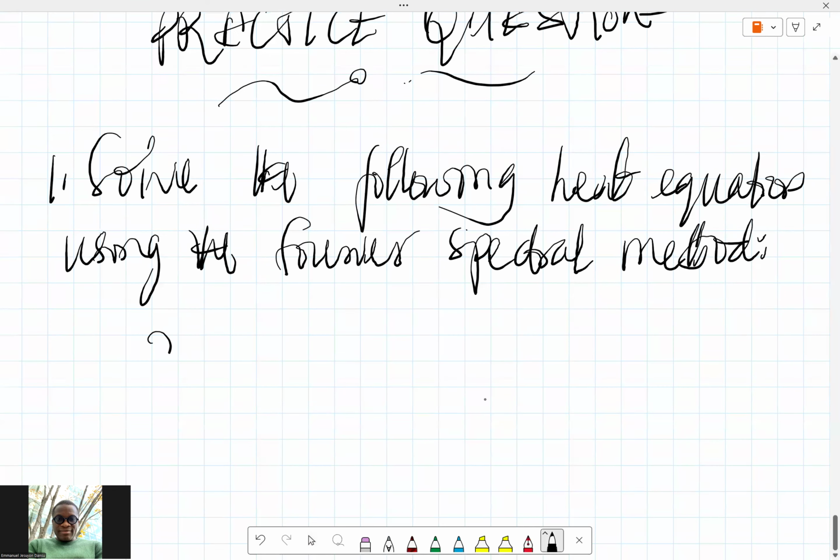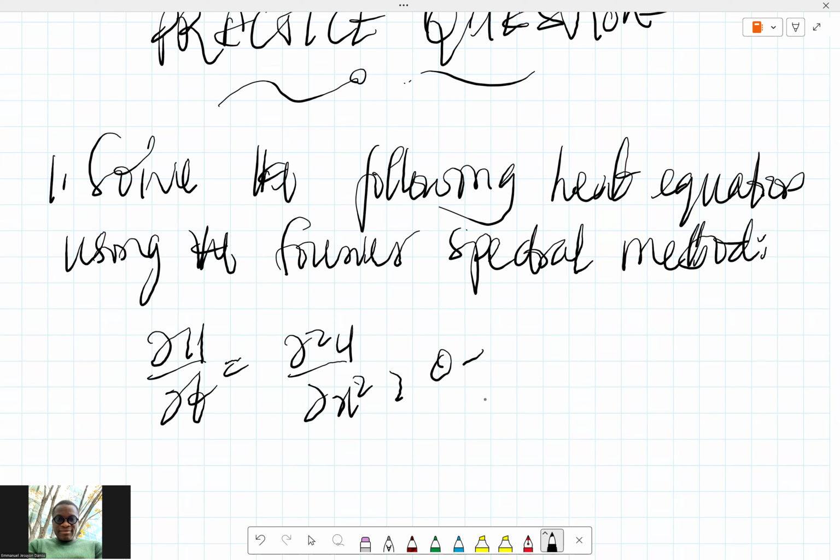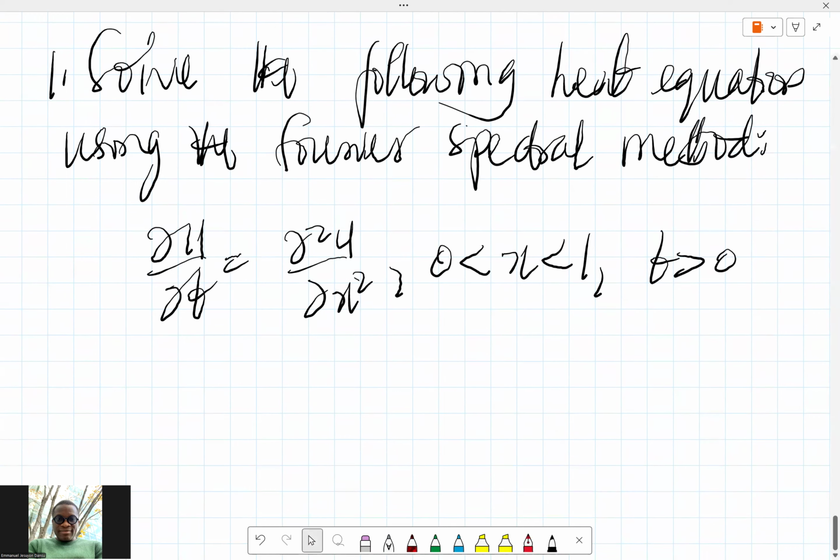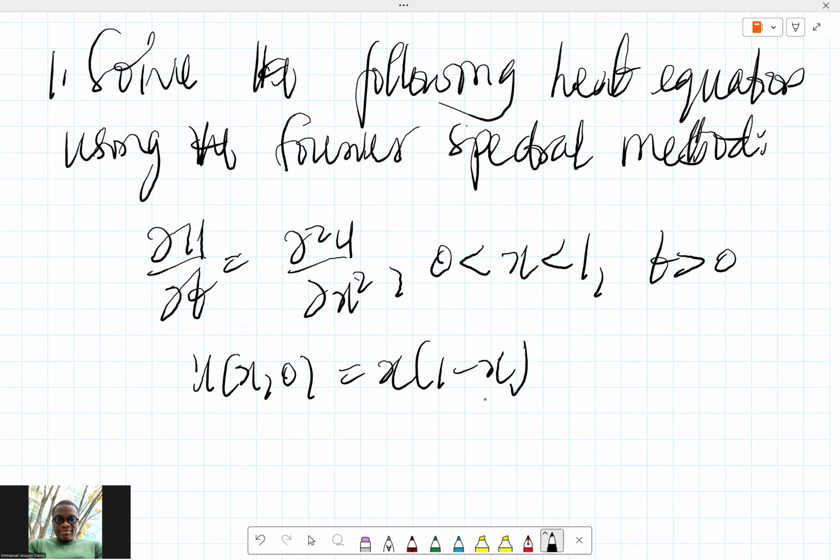So that's partial u, partial t equals partial squared u, partial x squared, for 0 less than x less than 1, t greater than 0. And then we have u of x, comma 0 equals x times (1 minus x). I'm going to try this. Then let me get another one that is not Fourier.